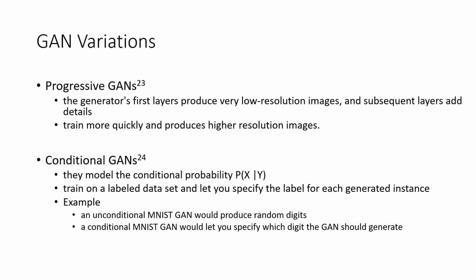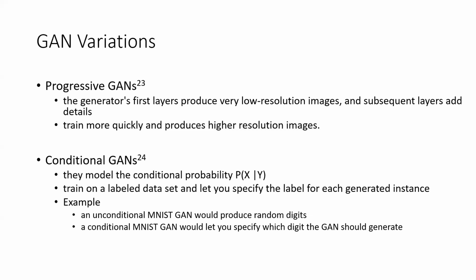Conditional GANs are an interesting variation, where the model, instead of learning the joint probability distribution, actually learns the conditional probability. What this makes a difference is that an unconditional GAN would produce random digits, like we don't know what digit or what family of images it would produce.